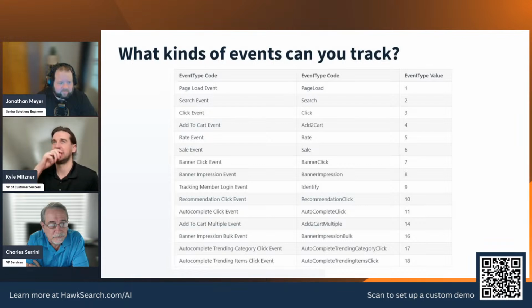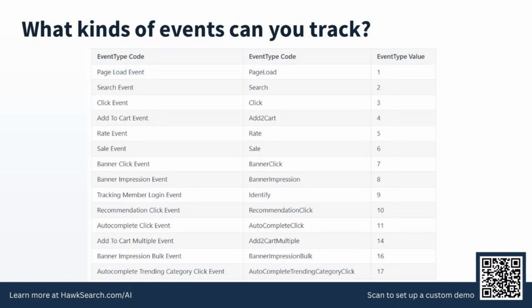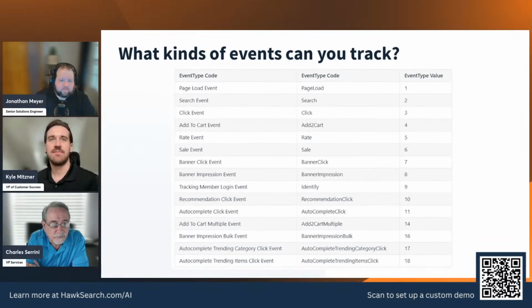We sat down a couple of weeks ago and wanted to improve our reporting and see what we can do to take it to the next level. The one key thing we noticed is that we actually have every single tracking event that we need. We have all this data coming to HawkSearch, and the important thing is that we do have all the tracking data.